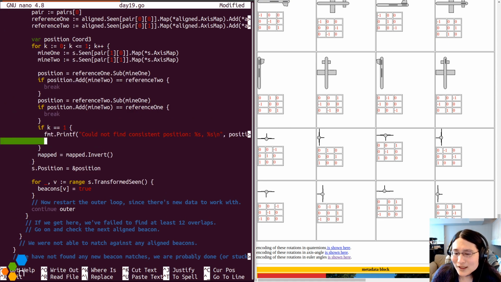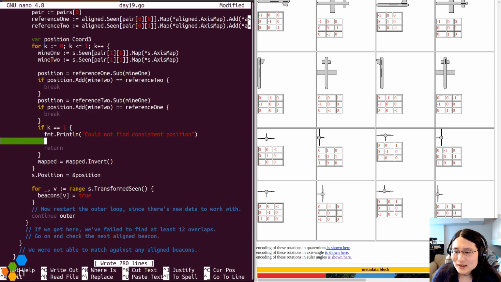The instant we can't find a consistent position, we should bail. And we should debug further. That's what we need to do. Okay. All right. So let's just print this and see what's wrong with my transform matrix.